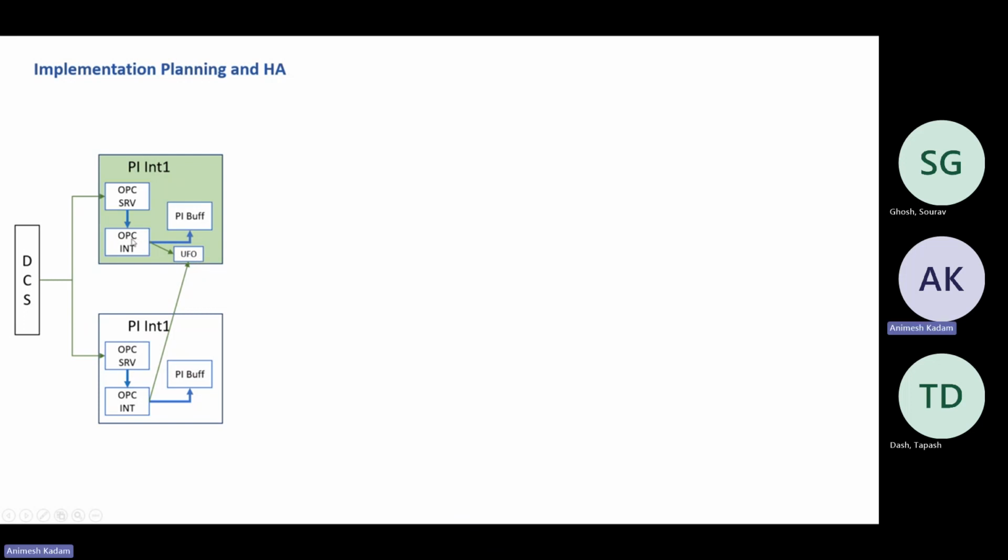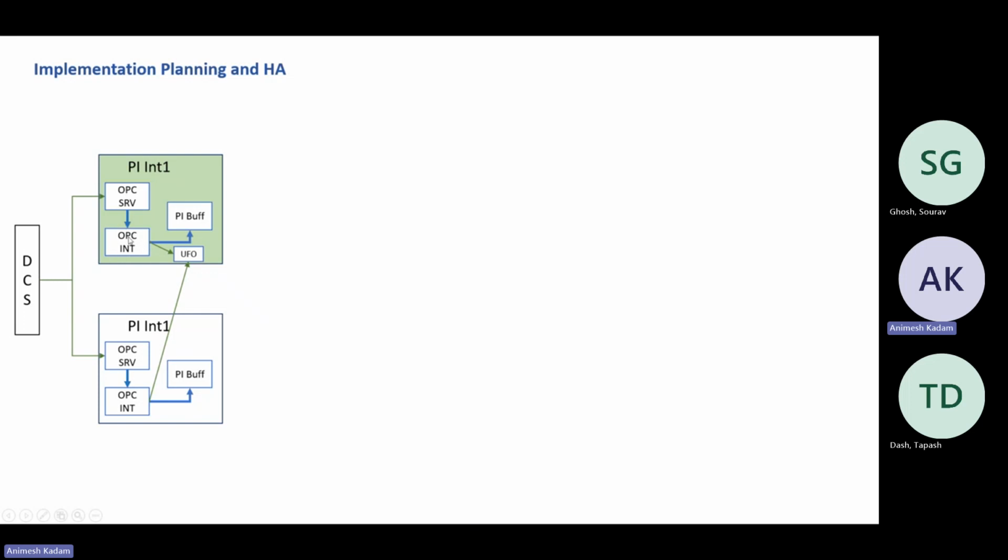That means this interface knows what its counterpart is. They share information between them, like the health of the interface: whether the interface is running properly, whether it is connecting to the OPC server, whether it is getting good data, or whether the interface service is down.